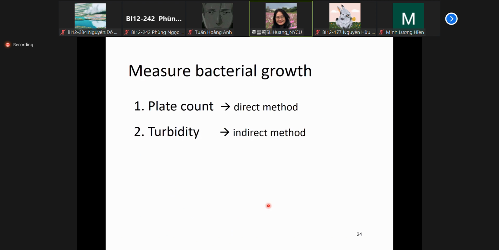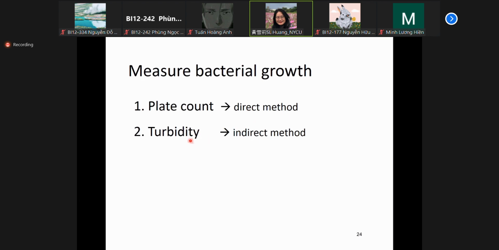So we know the growth phases of the bacterial growth, but practically how do we measure bacterial growth? I introduce two common ways. The first one is plate count. Plate count is a direct method to measure bacterial growth. You directly count how many cells grow on the agar plate.